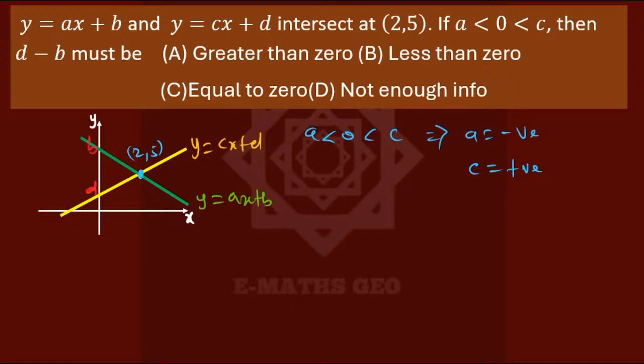We're asked to find d minus b. Since b is greater than d, d minus b will be a negative number. So the answer is option B. It's a tricky question, just the knowledge of forms of slope.